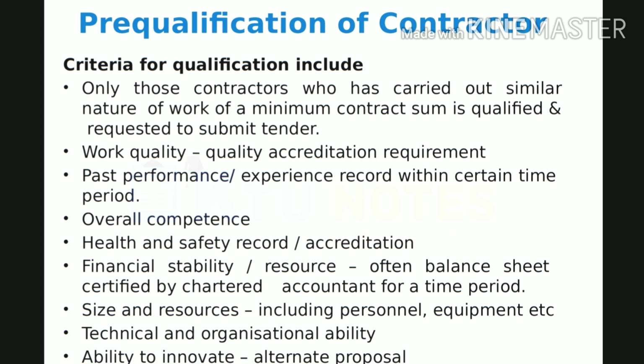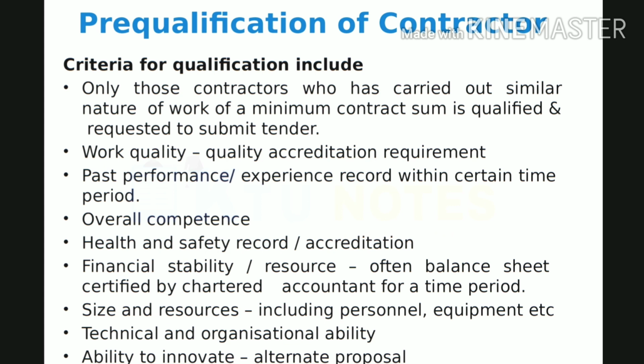Next is pre-qualification of contractor. These are the criteria for the qualification of the contractor to submit a tender. Only those contractors who have past experience are qualified to submit the tender. They should have work quality and past experience. They should be competent and should have obtained the health and safety accreditation.